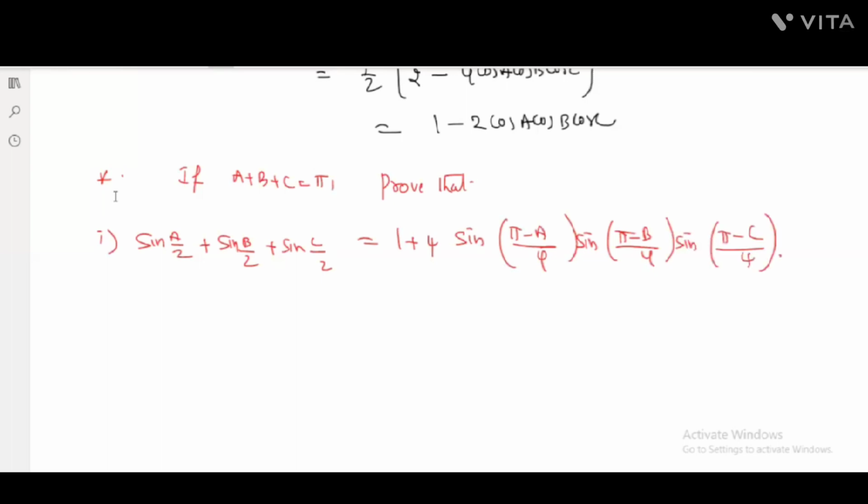So this is another way of giving the answer for sine a by 2 plus sine b by 2 plus sine c by 2. So let's see the solution for this one.